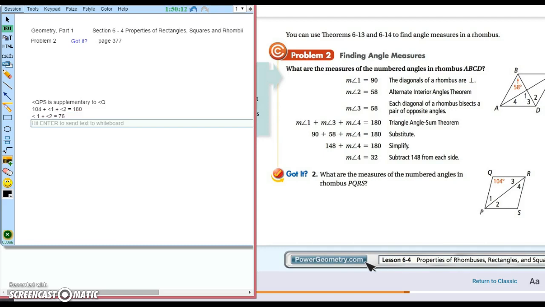The other property of a parallelogram that we're going to need here is that the diagonal bisects the opposite angles. So that means that 1 and 2 are really the same measure, which means the measure of angle 1 and the measure of angle 2 are half of 76, which is 38.